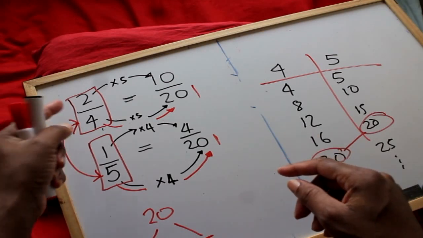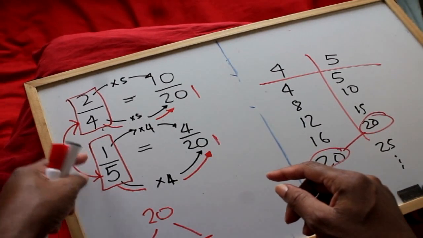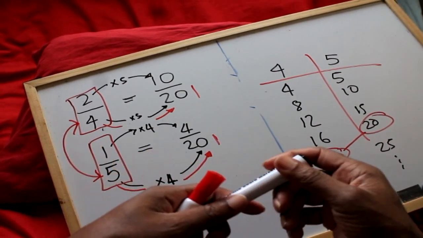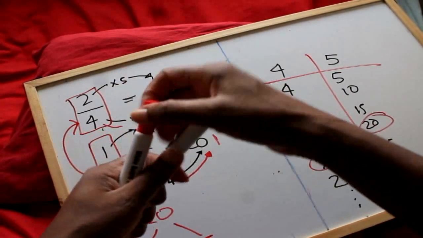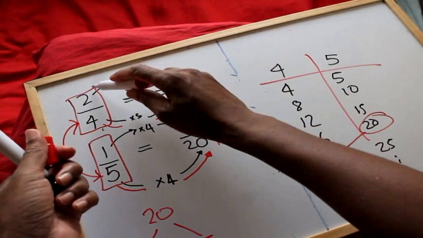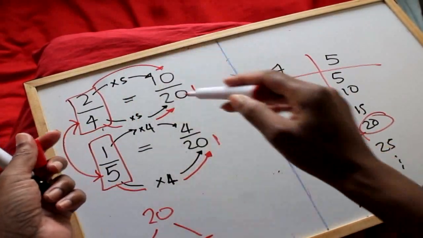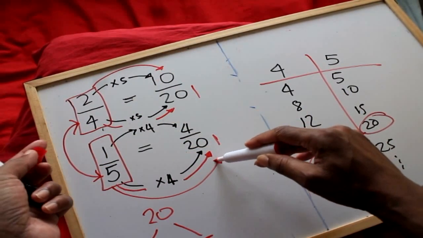So you need to find an equivalent fraction of this and an equivalent fraction of this that has the same denominator. We found those equivalent fractions. The equivalent fraction for 2/4 was 10/20. An equivalent fraction for 1/5 was 4/20.